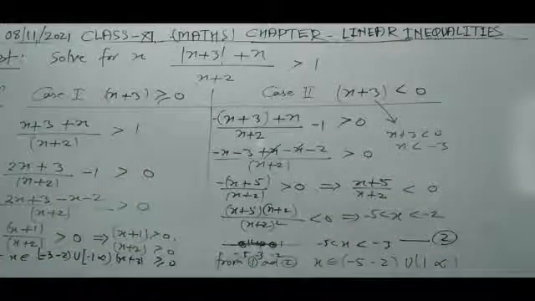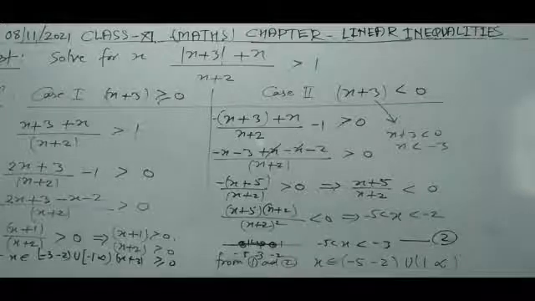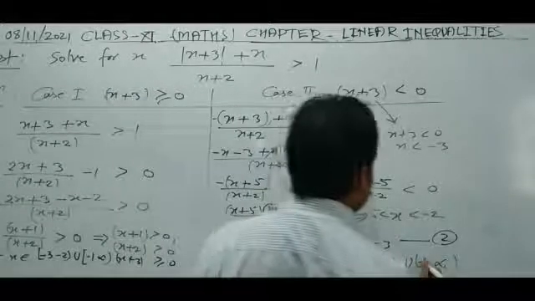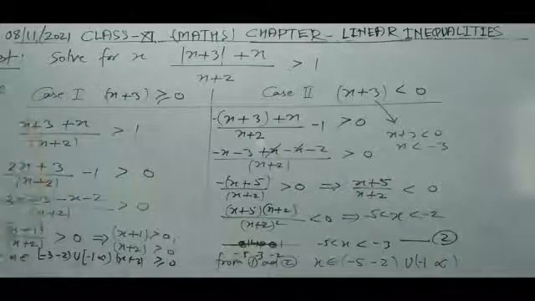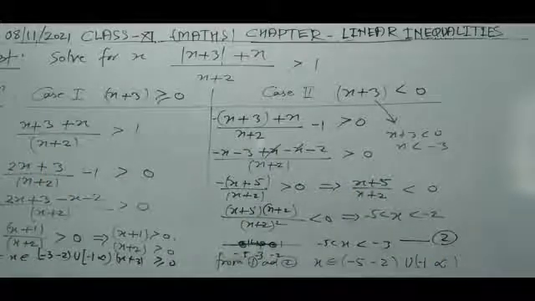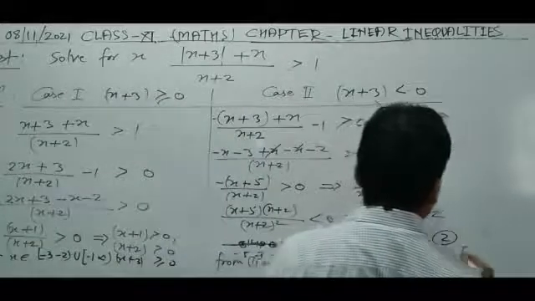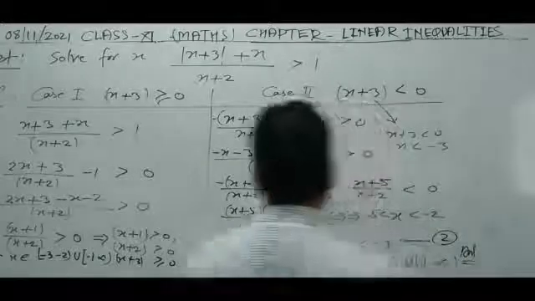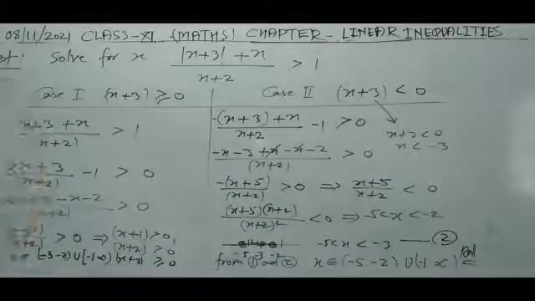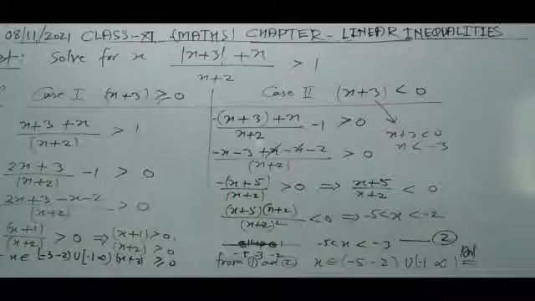So this is our solution set, minus 5 to minus 2 and minus 1 to infinity. From inequalities 1 and 2, this is the combined answer. When you see it on the number line, you can get its result.